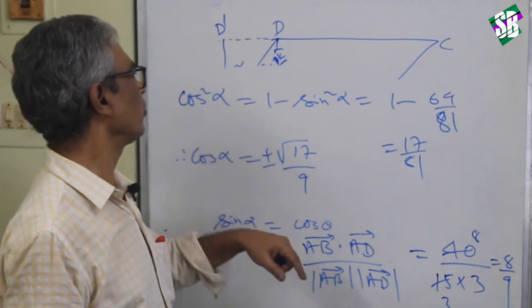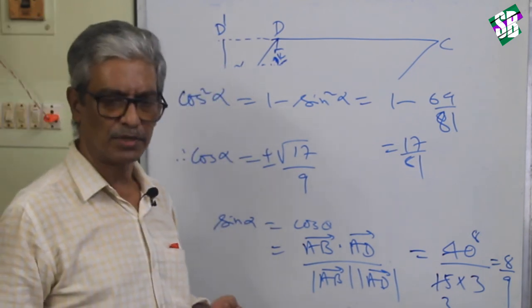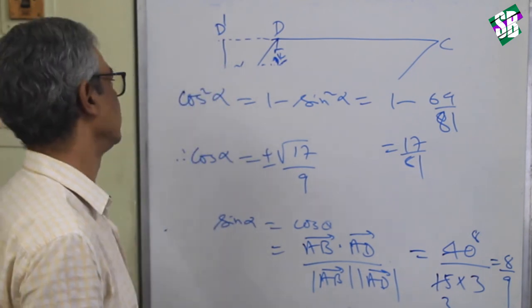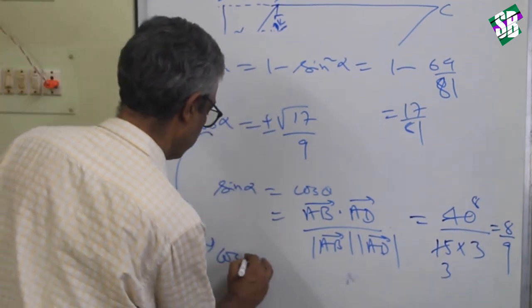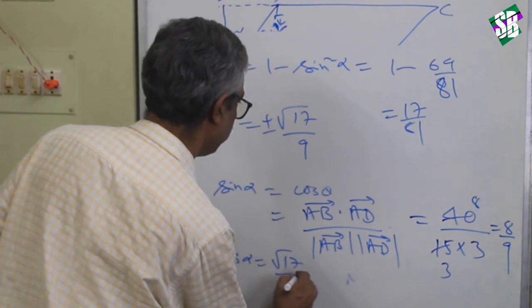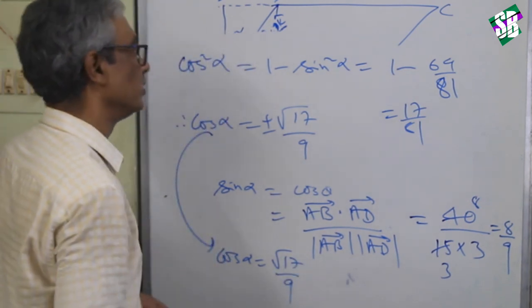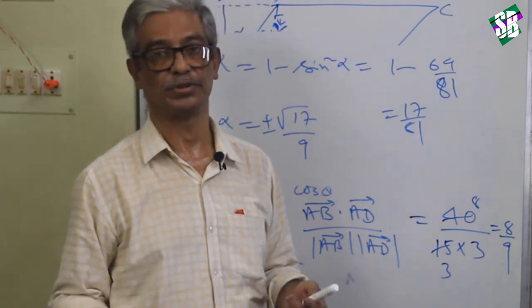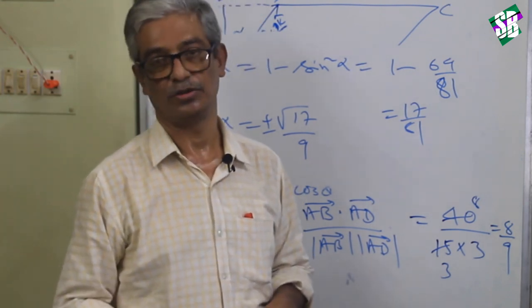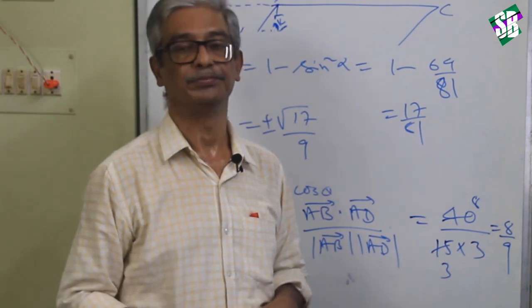But cos alpha cannot be negative because alpha must be acute, right? So therefore cos alpha equal to root 17 by 9. And which option is root 17 by 9? That option is correct. So this is all about the problem.